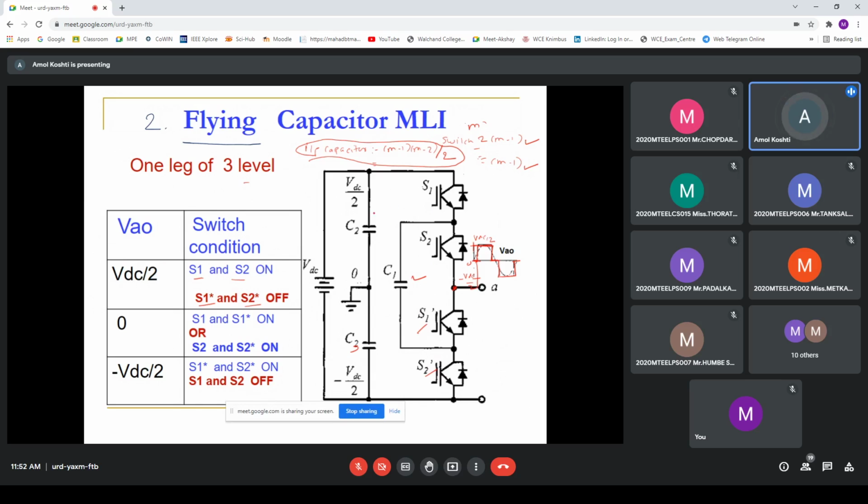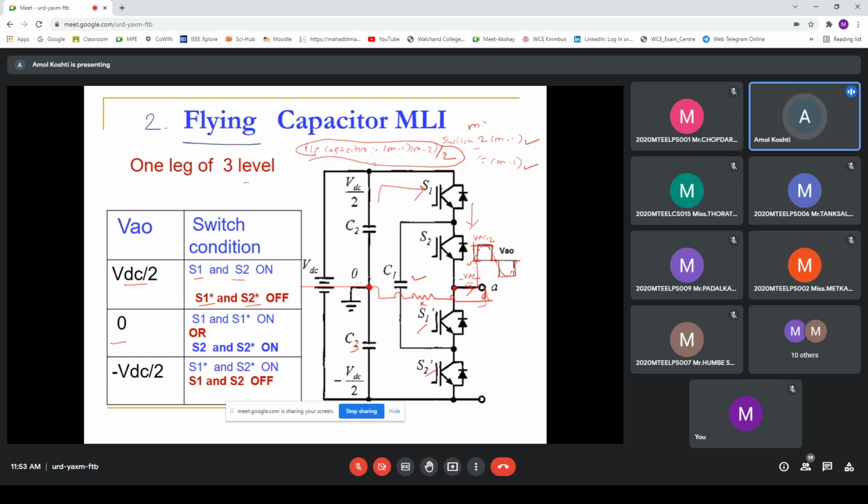Current will flow in this way through these switches, come to this point, and through this R load it will be closed here. Out of this, VDC by 2 comes across this C2 capacitor, and C2 is directly across this R. That is the reason VDC by 2 is produced.